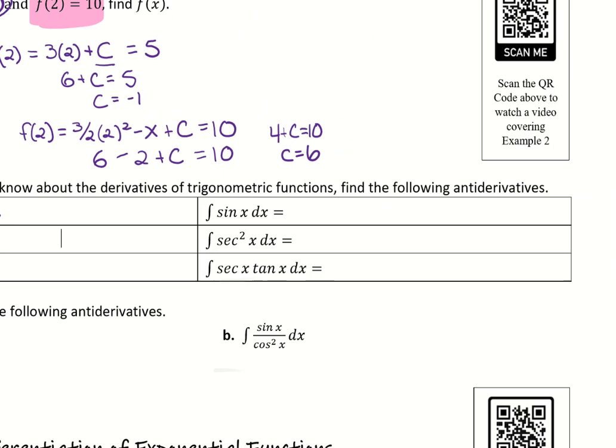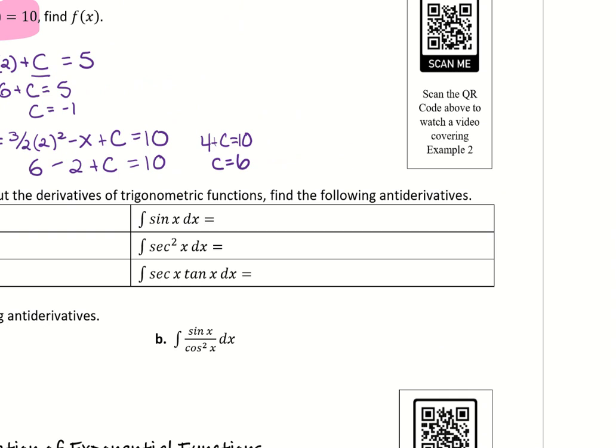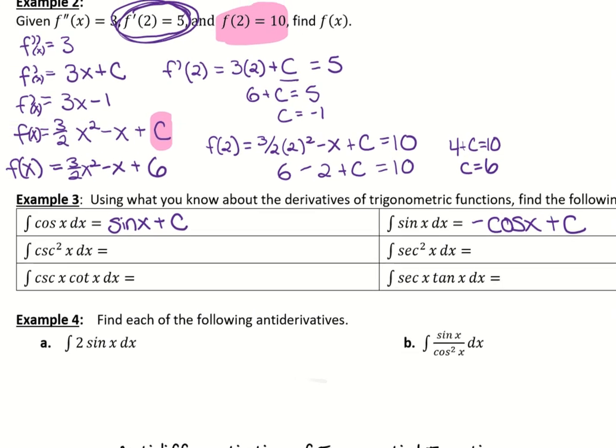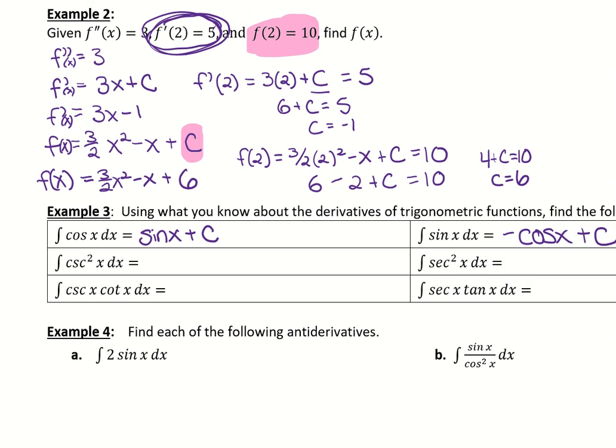All right, so what function has a derivative of sine? That function is negative cosine. Negative cosine has a derivative of sine. And again, plus c. So again, we're working backwards. What function has a derivative of cosecant squared? That's negative cotangent of x plus c.